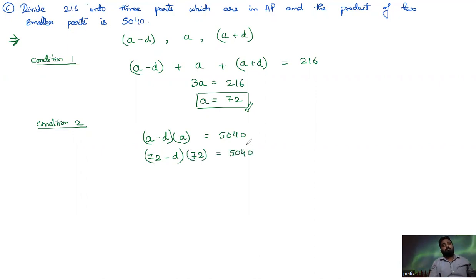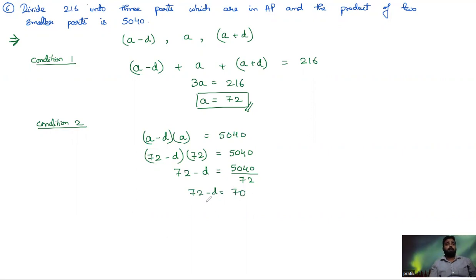Correct? 5040. So what you can do is 5040 divided by 72. When you try to do, you will get the answer as 72 minus D is equal to 5040 divided by 72. It turns out to be 70.